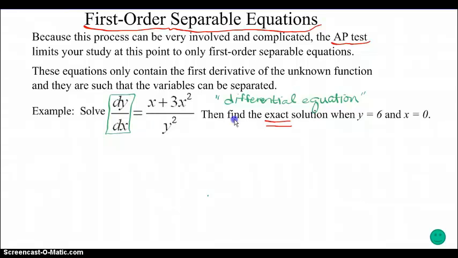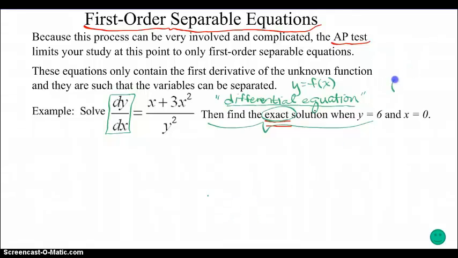You can tell that you are in the context of a differential equation when it wants the exact solution, the particular solution, when it says to find the function y equals f of x. Those are all the ways that they're going to tell you you are in the context of a differential equation as opposed to a derivative function. So if they don't use the words differential equation, you're going to have to use context to figure out this is what you need to do.